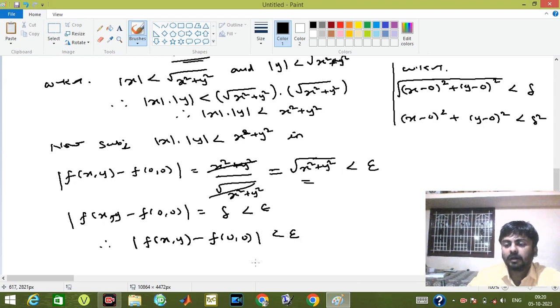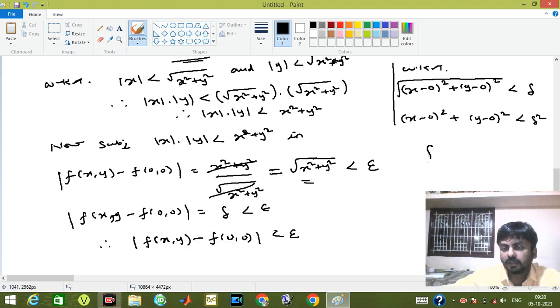We don't know what value it is, 0 is less than epsilon, we know that, but we are not supposed to get 0 here because we don't know what f of x comma y's value is, and what f of 0 comma 0's value is, in general. But on substituting we are getting delta. So f of x comma y minus f of 0 comma 0 is less than epsilon.